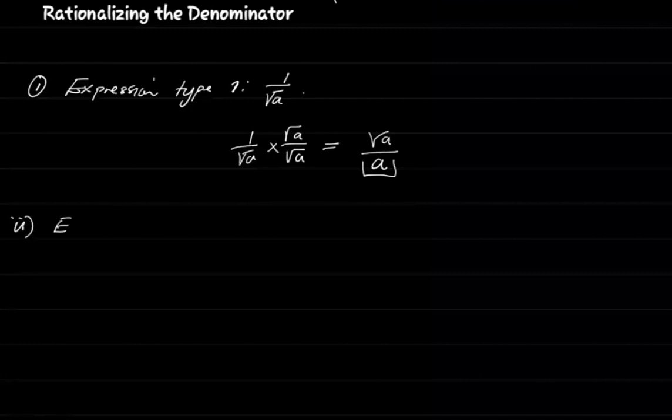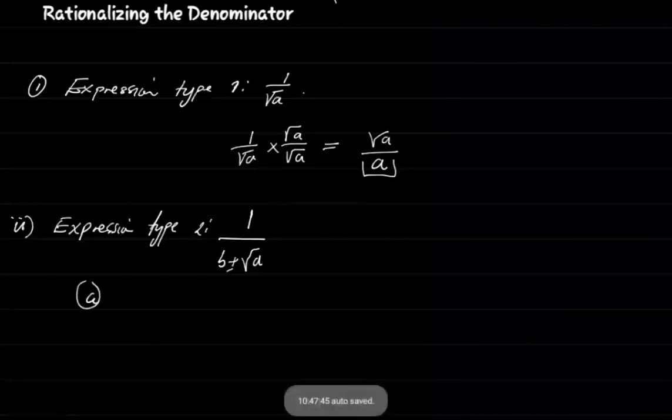Expression 2. These are some of the rules that we need to know. Expression type 2 is when you have 1 over b plus or minus root of a. Here, let me branch it into 2. Plus or minus, that means we've got two expressions there. We have 1 over b plus root of a.